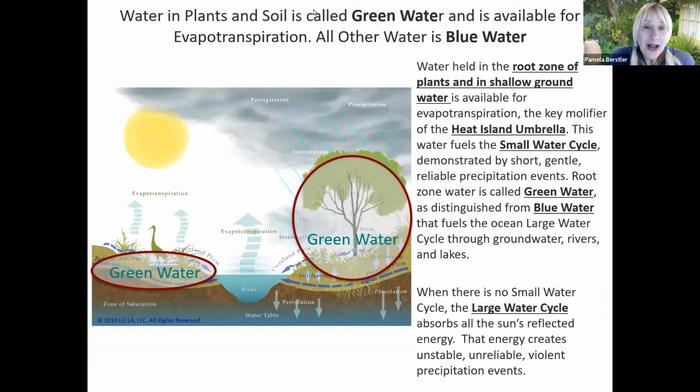Now, what is the water that we are talking about here that's the most important water? Because yeah, we've been talking about storms and all this stuff, but the water that is involved in this small water cycle is called green water. And you can read, in fact, we're putting in, the resource is going to be in the course, an entire paper from the UN about green water and the importance of it globally.